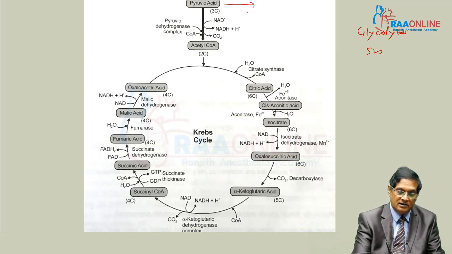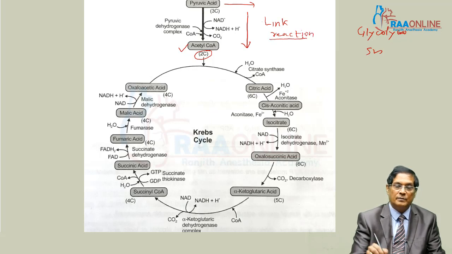But before entering the Krebs cycle, it gets converted into acetyl coenzyme. It's a 2C compound. It is an intermediate step. This is the link step, the link reaction. It is performed in between glycolysis and the Krebs cycle.